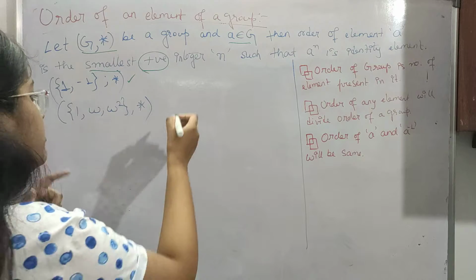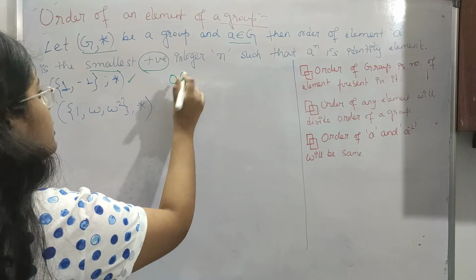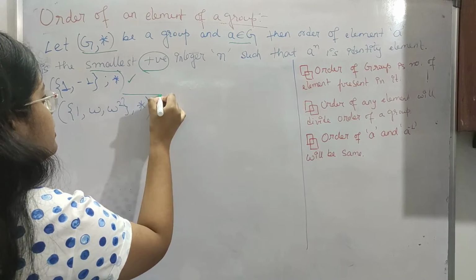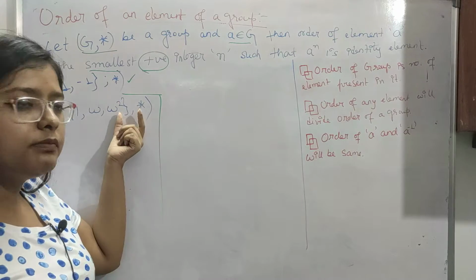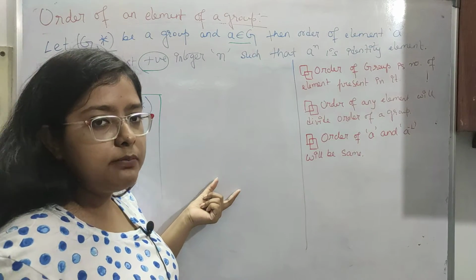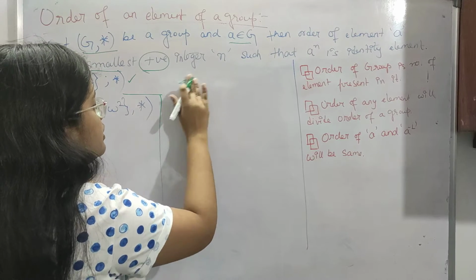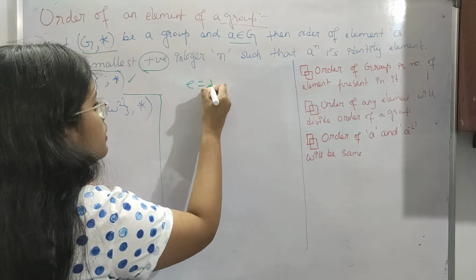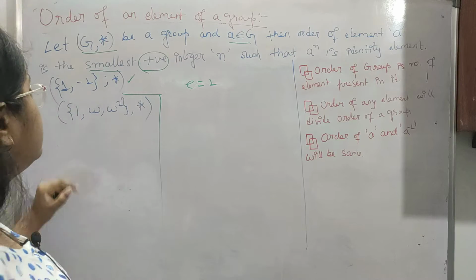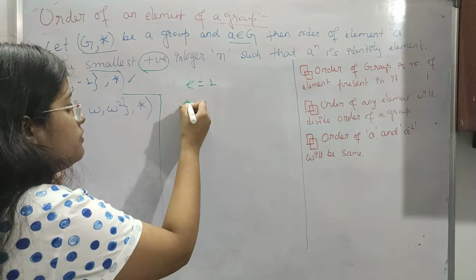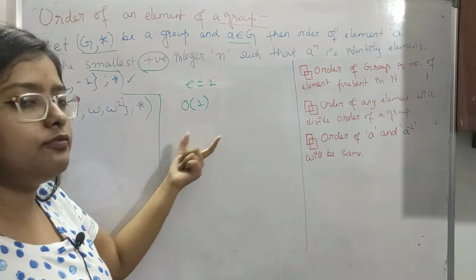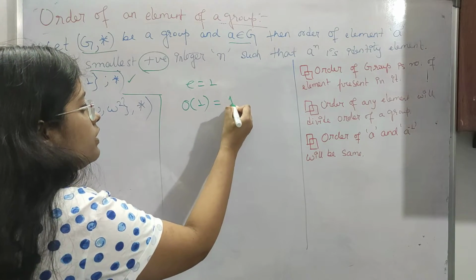We have to find the order of 1. When multiplication is there, our identity element E is 1. So how can we get 1 to the power n? If we have to find the order of 1, it is 1, how?